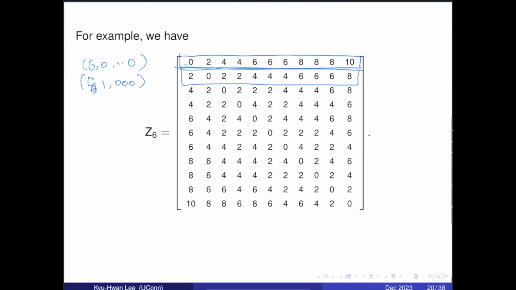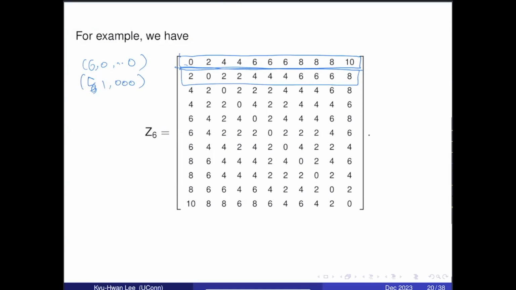So the partition 60000 is now replaced by this 11-dimensional vector. This was a 6-dimensional vector. Now we have this 11-dimensional vector. So we are embedding these data points. The next one is 510000. This is embedded into 11-dimensional space. Then the vector becomes this vector. That's the basic idea.